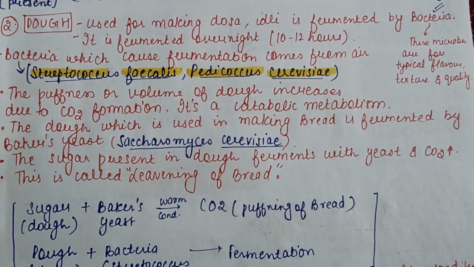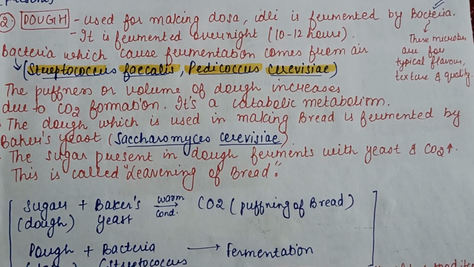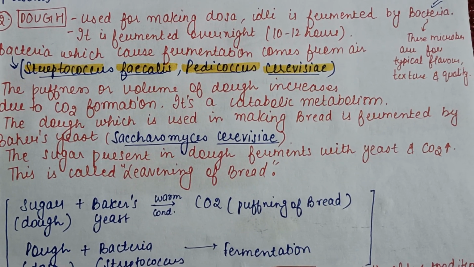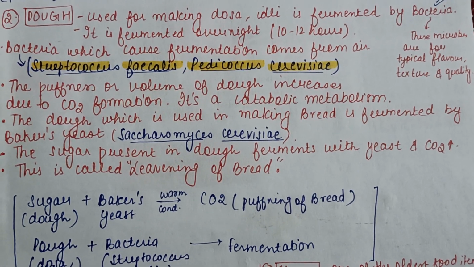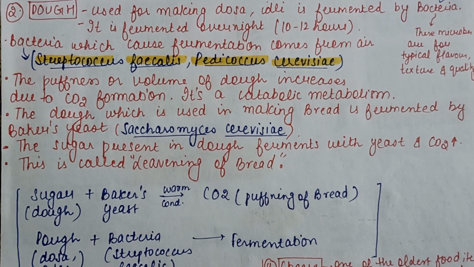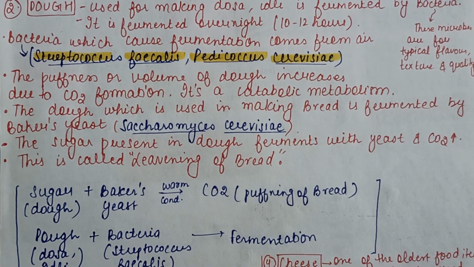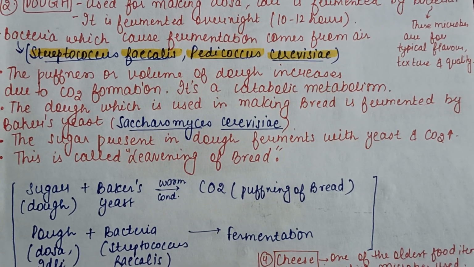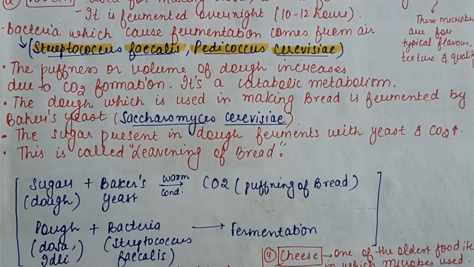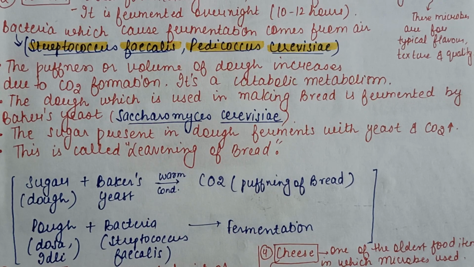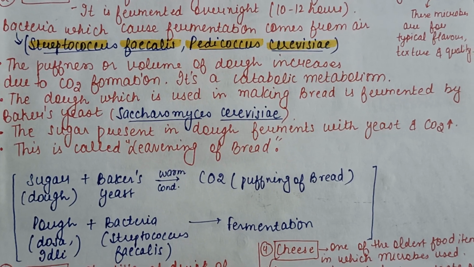Then the dough which is used in making bread is fermented by baker's yeast. You have to learn that, and you also have to learn the biological name of it, also written here.